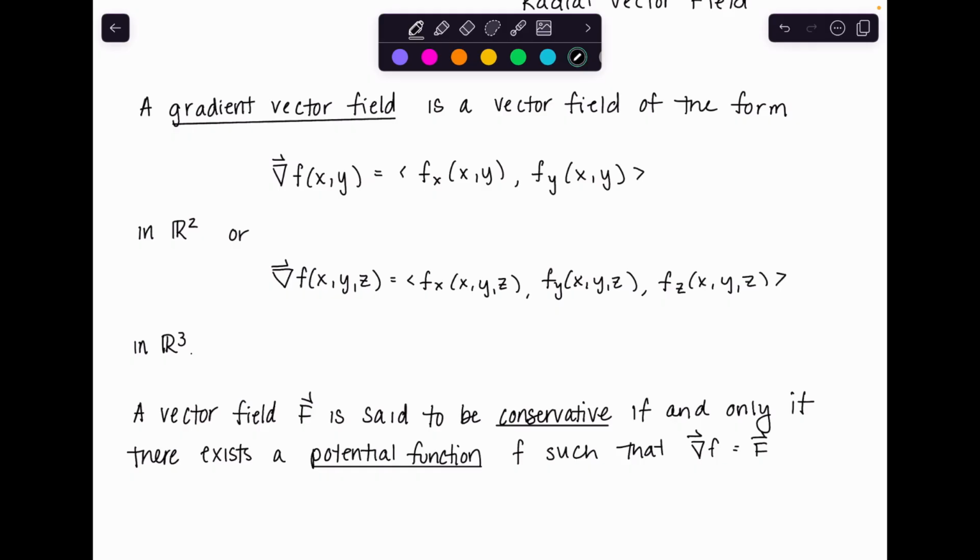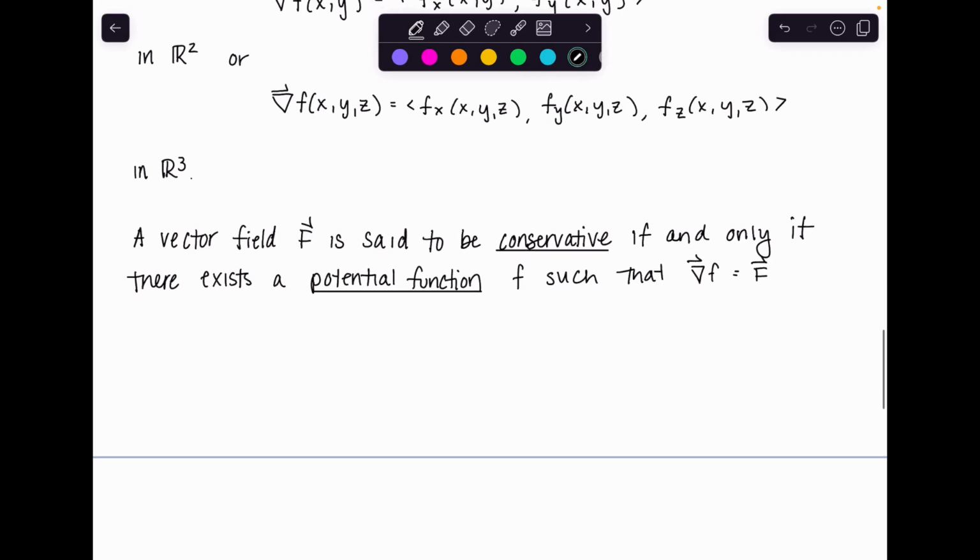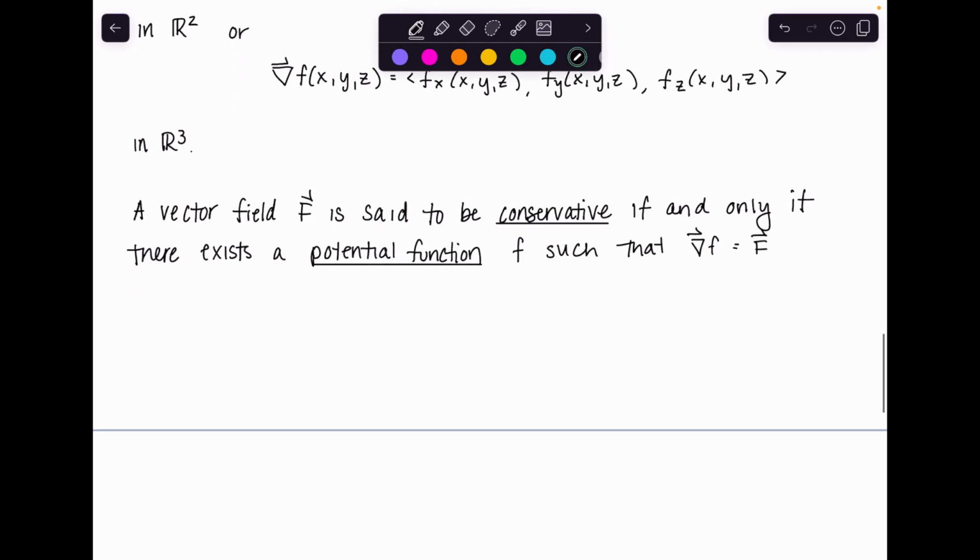Okay? So we'll talk about how if you're given a vector field, can you determine if it's conservative? But all we're going to start with this time is given the function, find the gradient vector field. We'll get into the more complicated stuff soon.